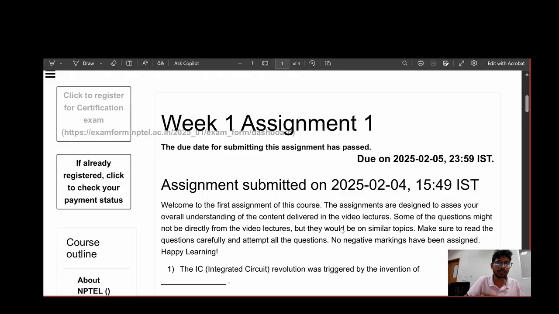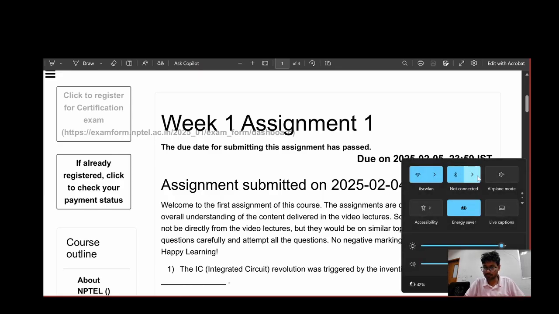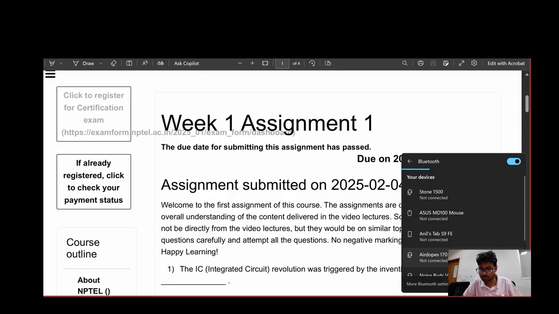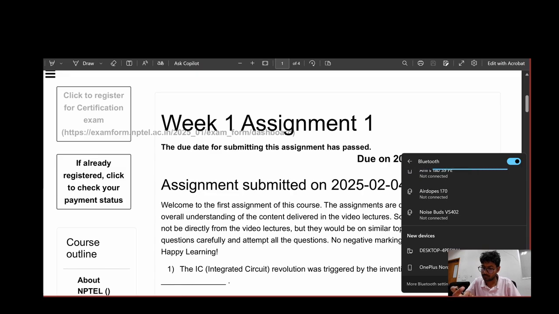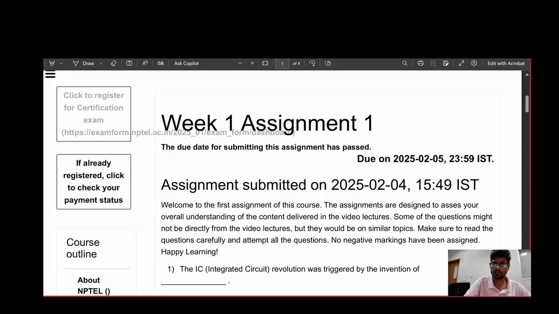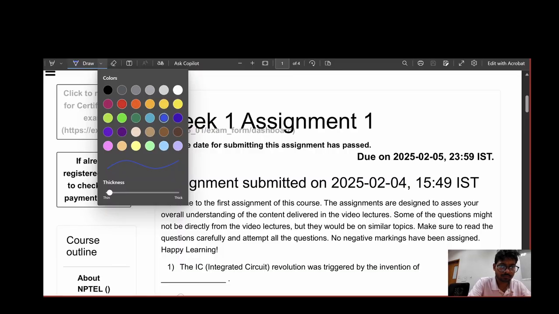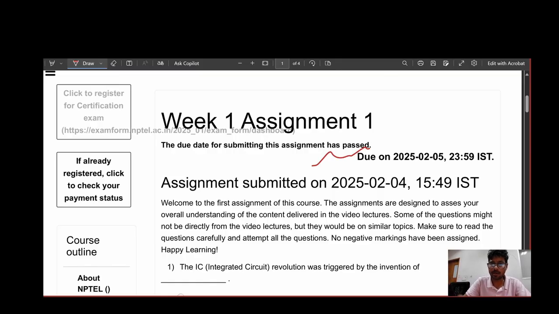I'm unable to write on this one. Okay, now you can see whatever I am writing, right?